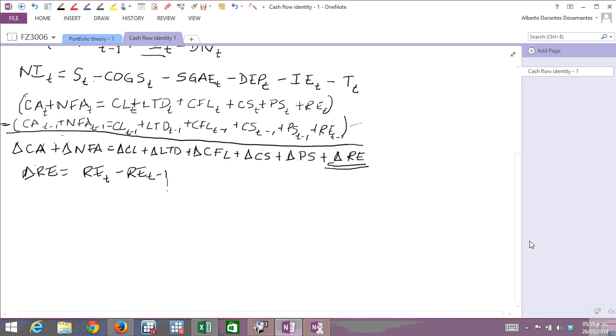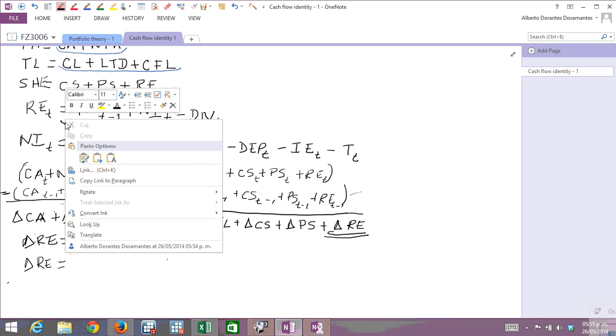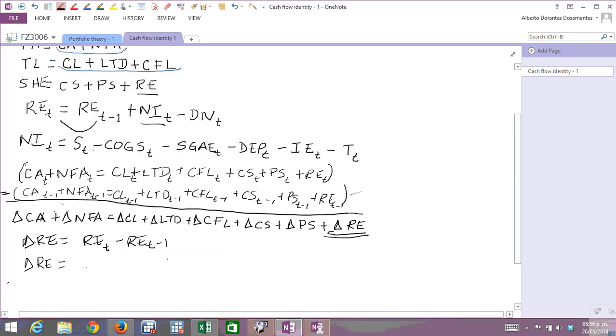Okay, if I go up a little bit, I'm going to see that this is this part. If I just send this one to the left side, it's going to be the delta retained earnings. Then what happened here is that delta of retained earnings is just sending this term to the other side. I'm talking about delta, and this is going to be equal to net income of time t minus dividends of time t.